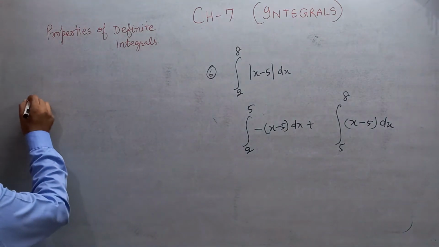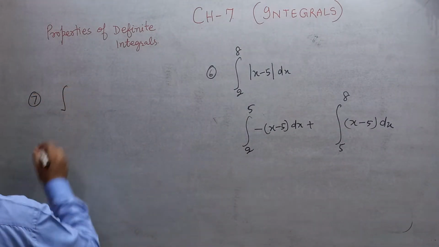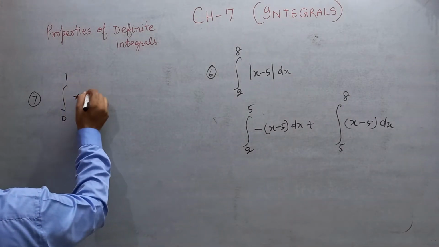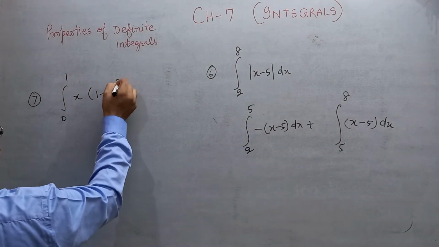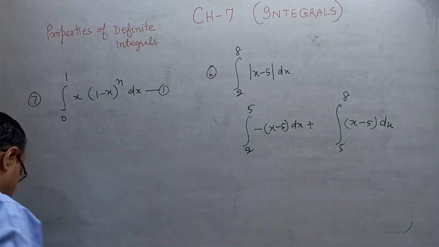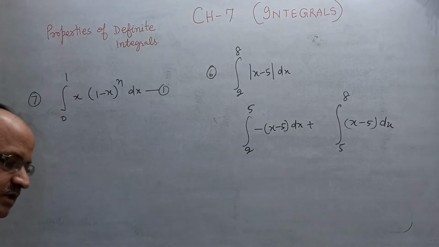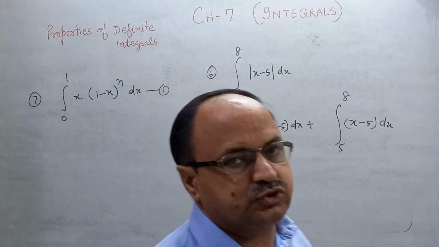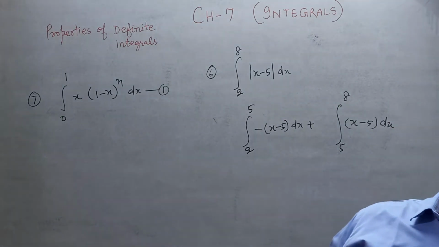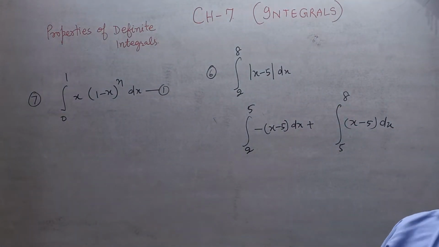Question number 7, integration 0 to 1 of x times 1 minus x to the power n dx. This is the first equation. Now you know which property to apply in this question: integral 0 to a of f of x dx equals integral 0 to a of f of a minus x dx. It means property P4.